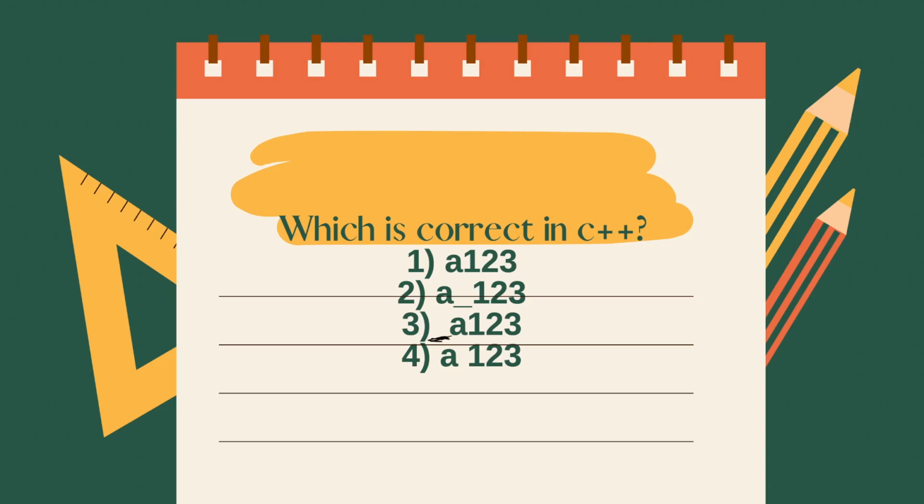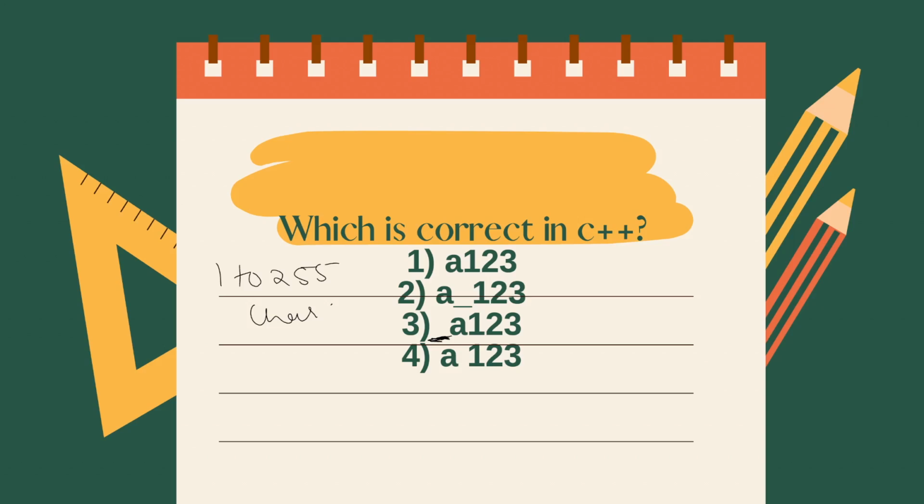What are the other rules? The variable name can range from 1 to 255 characters. They must begin with a letter, an alphabet, or an underscore.